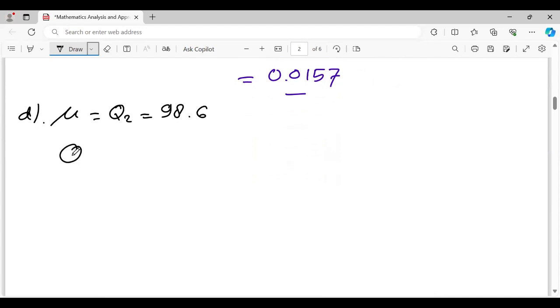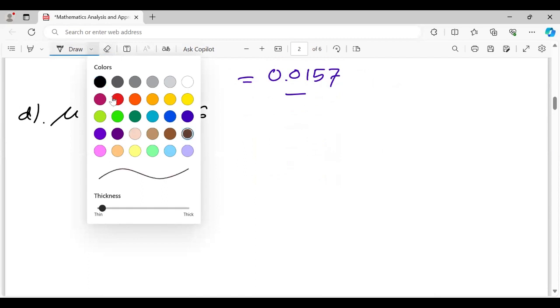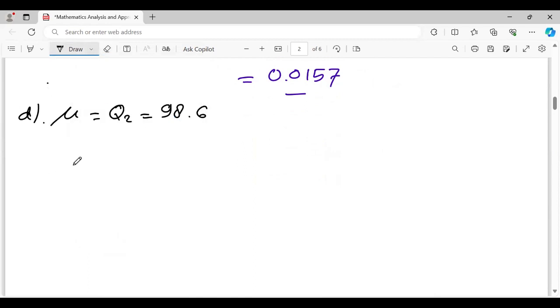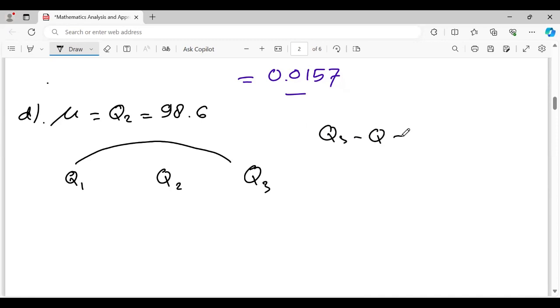If I sketch an illustration like this, Q1, Q2, and Q3. For the interquartile range, Q3 minus Q1 is 4.82 based on this information.